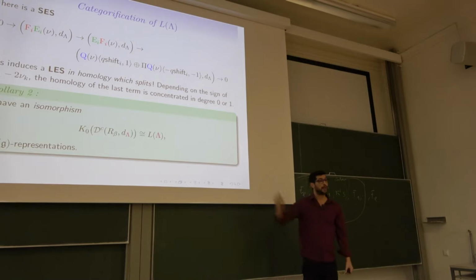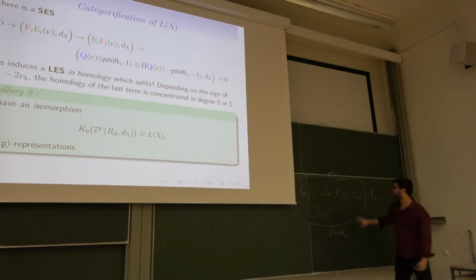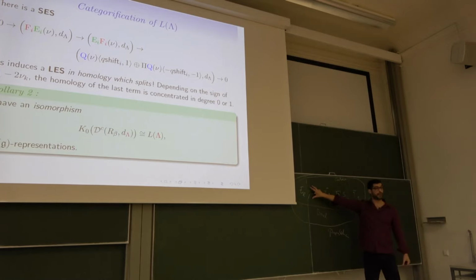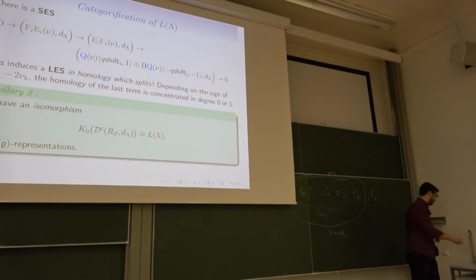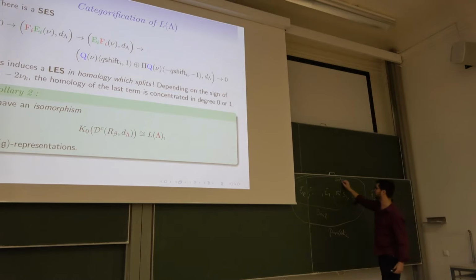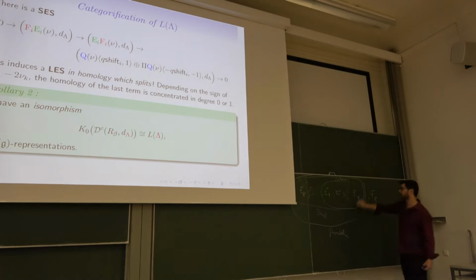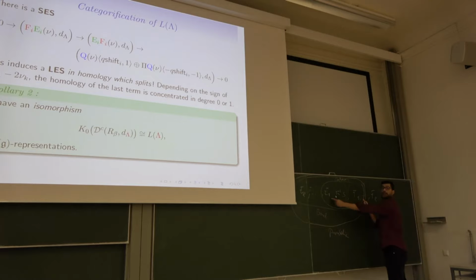Now, to define Verma modules, you stick with a one-dimensional representation of the Cartan, and you induce trivially to the Borel, okay? But now, since you add some Fs, you have something here, which is a Lie algebra. It has all the Fs that correspond to the parabolic and the corresponding Es.